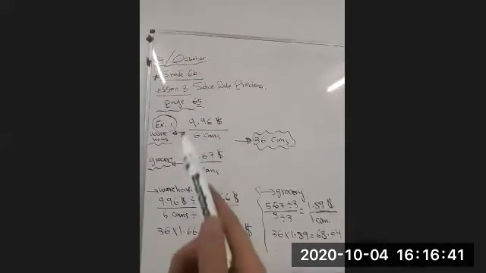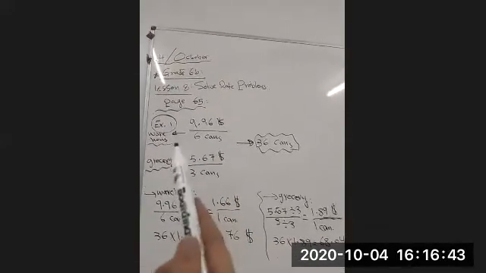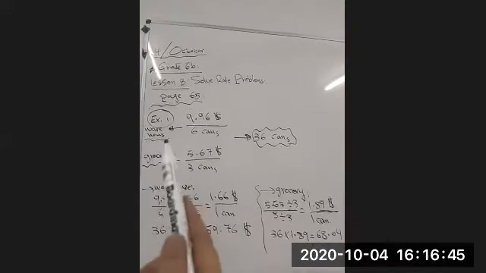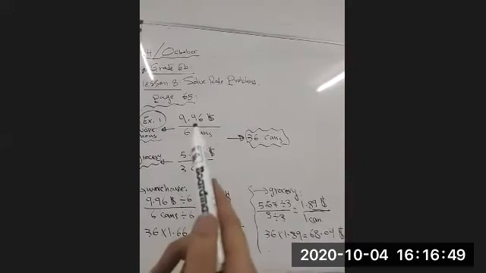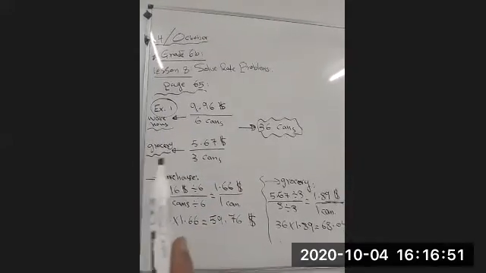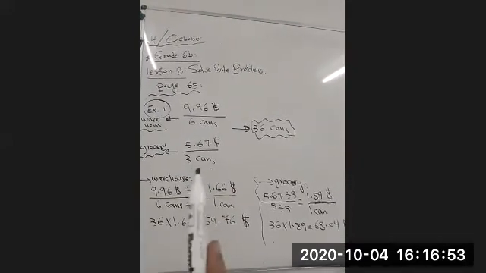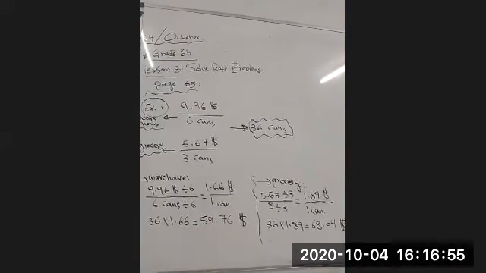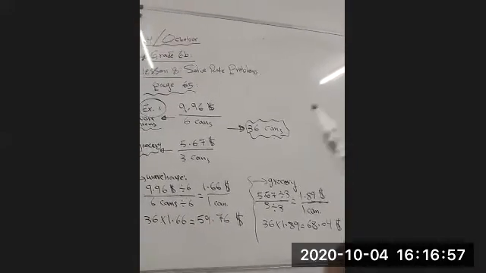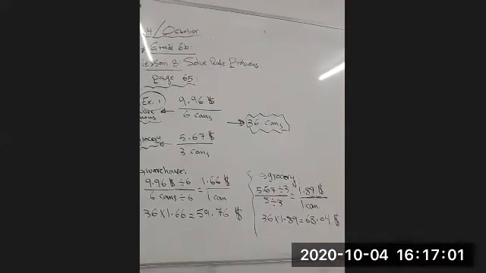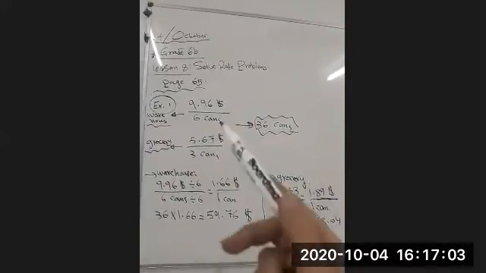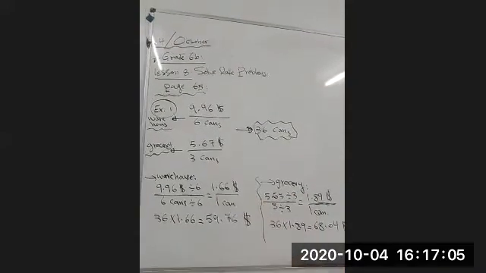Now we have two stores, warehouse store and grocery store. The warehouse store sells the 6 cans for $9.96. The grocery store sells 3 cans for $5.67. Someone wants to buy 36 cans. The question wants us to know how much he will save by buying from this one or from this one.